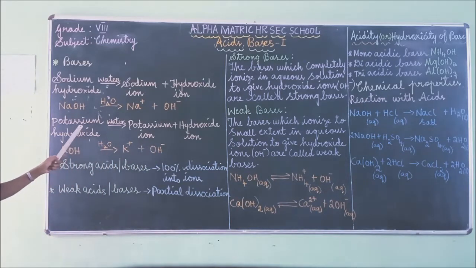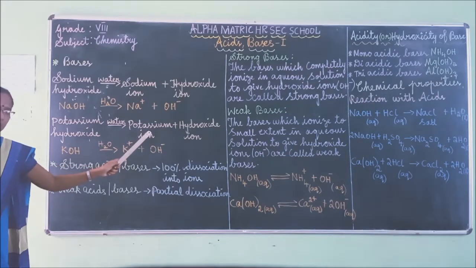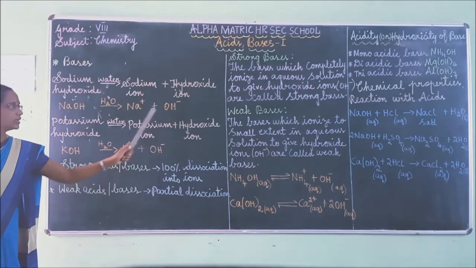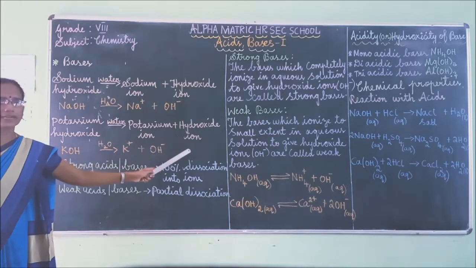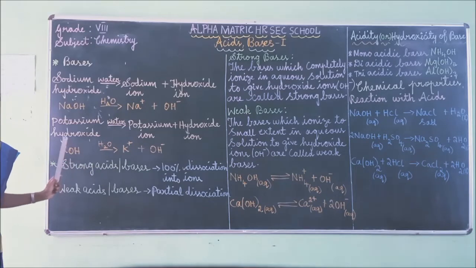Next, potassium hydroxide. Potassium hydroxide, when it dissolves in water, forms potassium ion. Along with that, hydroxide ion is released. Okay. So, the formula of potassium hydroxide is KOH, right? So, KOH on treating with water, forms K+ ion.